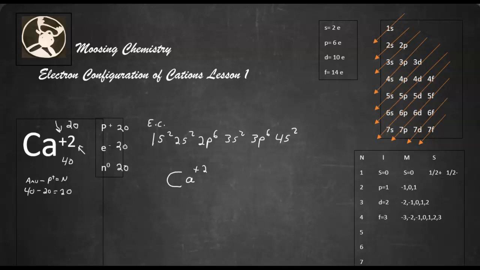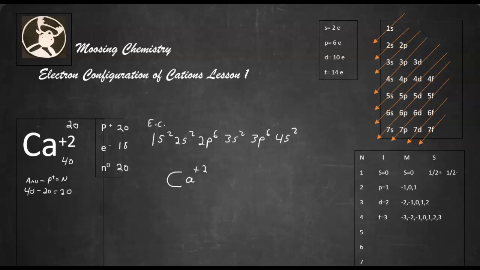Now, what does that mean? Well, if we got rid of 2 electrons, then of course our electron count is going to change from 20 to 18. So look, you have 20 protons, you have 18 electrons.